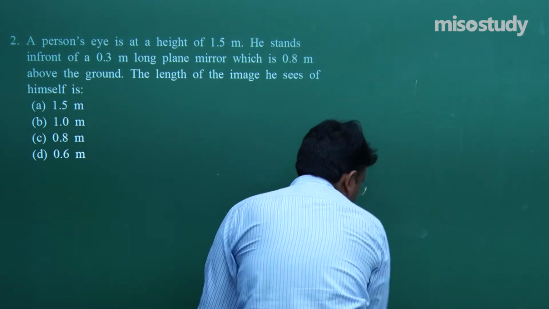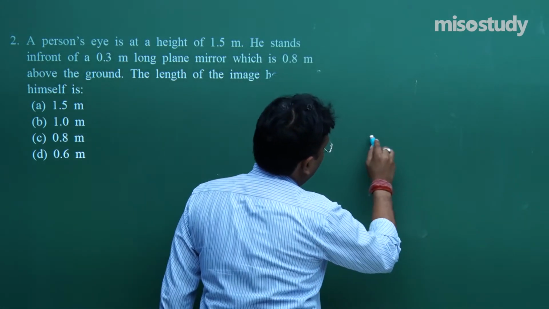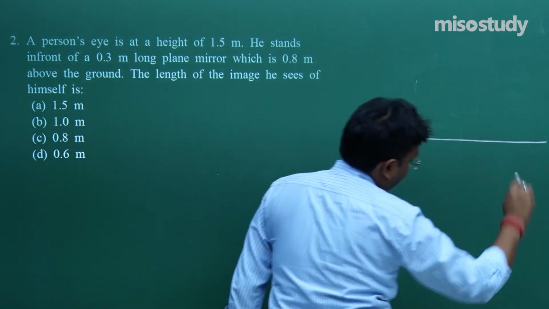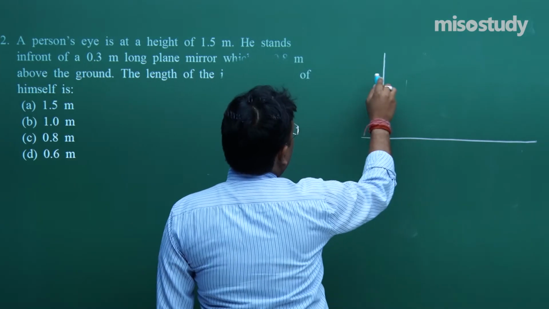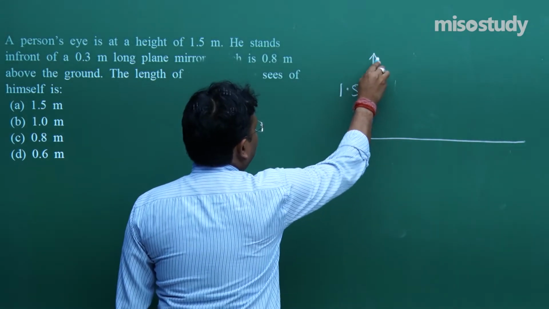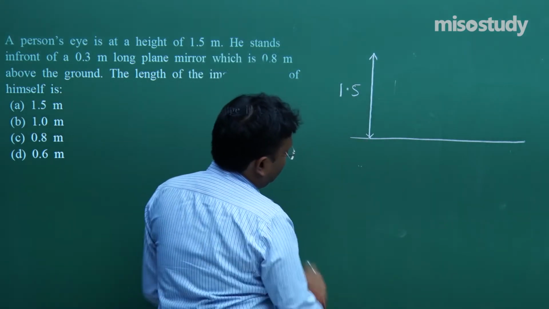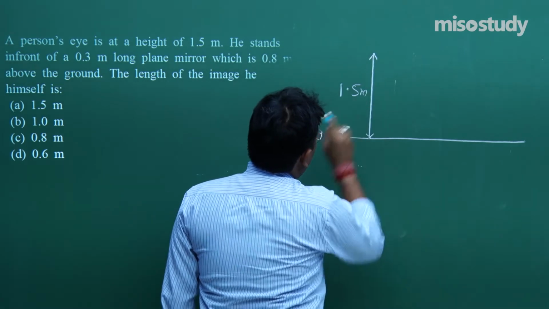Let us try to draw the diagram. This entire height is 1.5 meter, as it is mentioned, 1.5 m.